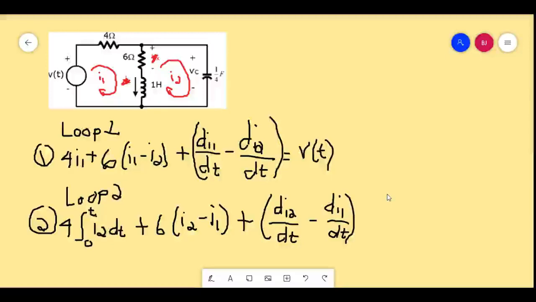Let us now apply what we have learned from the first example for step number 2 in this equation. So this time around, step number 2, just to remind you guys, we will be differentiating the first and second loop to remove integrations or integrals. I'll be giving you a few minutes to try to determine and differentiate each equation if needed.